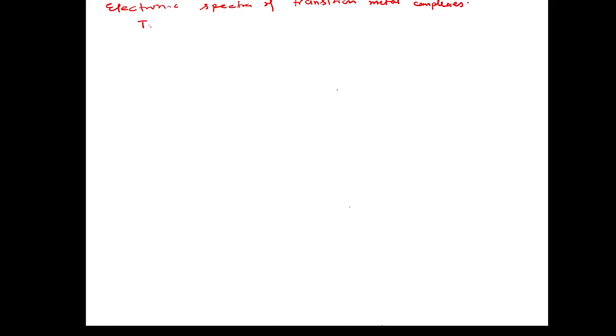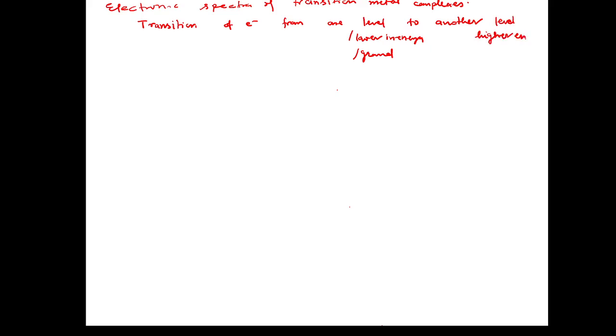So the transition of an electron from one level to another level. One level which is lower in energy, basically the ground state, to another level which is higher in energy, and we basically call it an excited state.